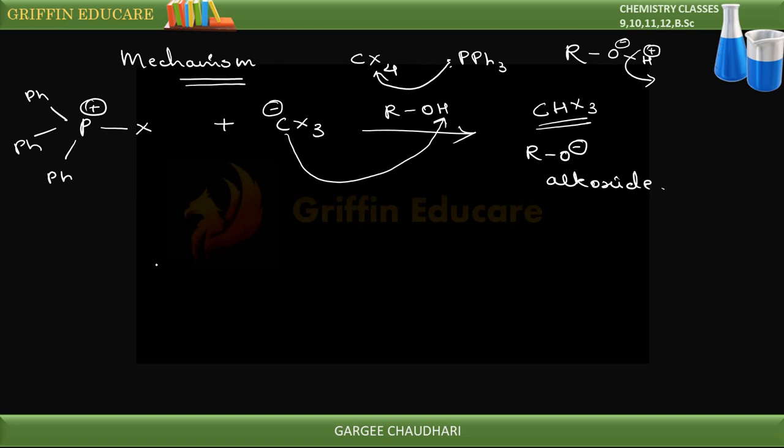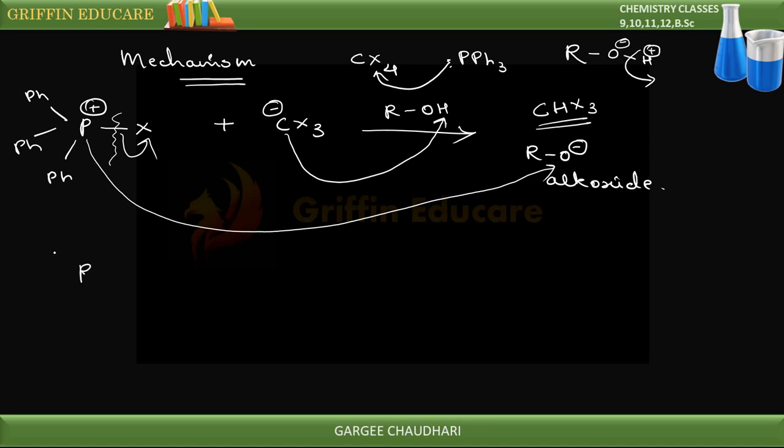In the next step, the bond between the phosphorus and halide breaks. Halide takes the electron, leaving the positive charge on the phosphorus, and this attacks the alkoxide.